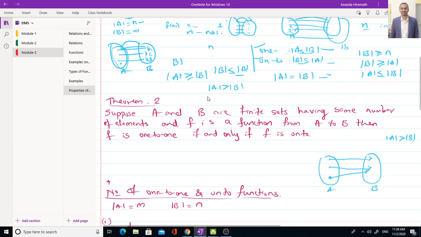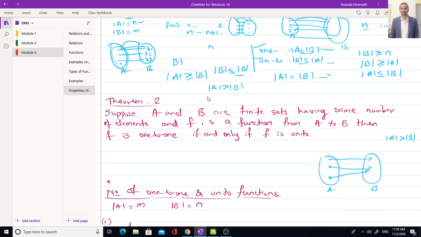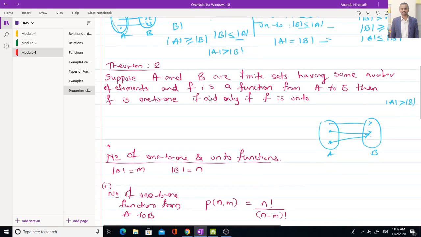If I map it to this, it is a possible function. Two elements of A can be mapped to a single image, but vice versa is not possible. So whenever the number of elements in A is greater than B, then at least two elements of A must be mapped to a single element of B, and hence proof.